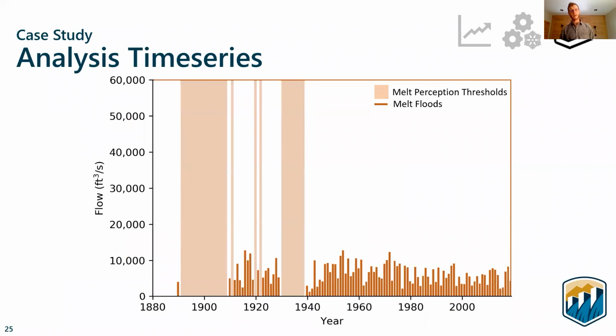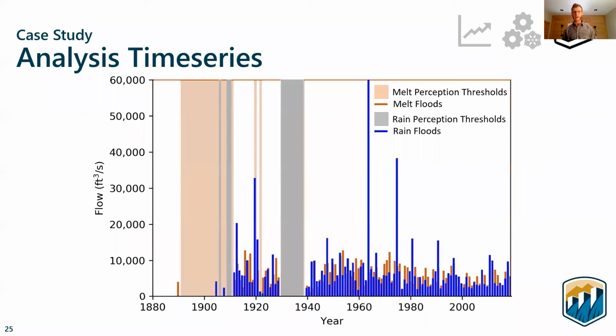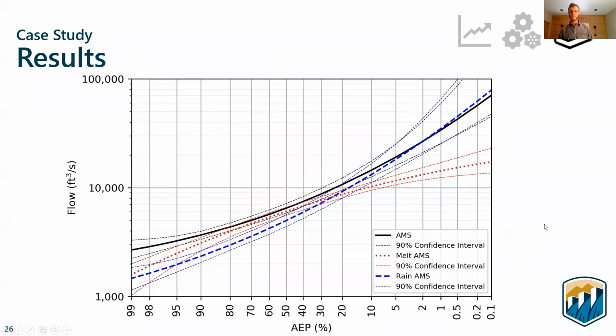And so here we've got a figure of our melt with its precipitation thresholds and the actual melt floods. And then overlaid over that, we've got our rain precipitation thresholds and rain floods. And so these 2 distinct samples were then used in a flood hazard analysis. Distributions were fit, and that's what we have here. We've got a comparison of the different model fits.